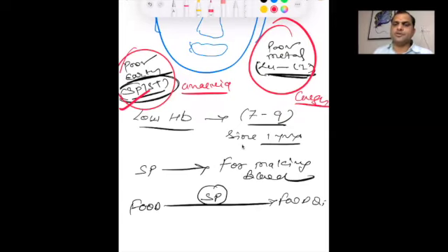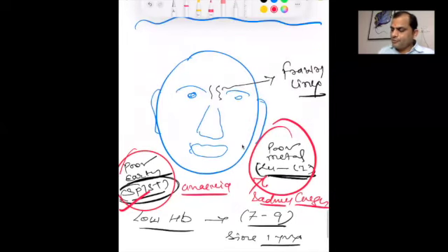Then I asked her about the emotions. Do you feel sadness? Doctor, 70% of the time I am sad because of my family issues. So the emotion of sadness is connected with the metal, and she developed frown lines here.